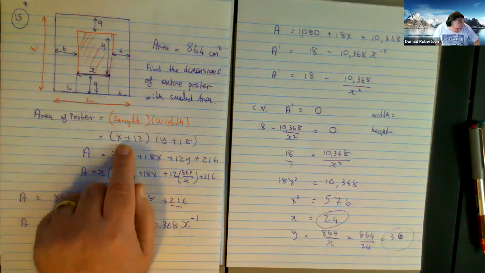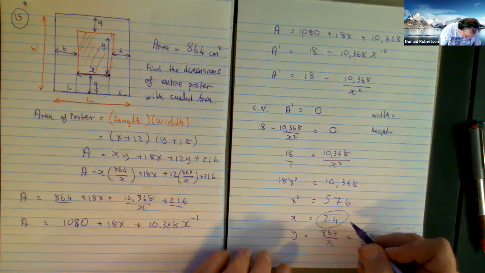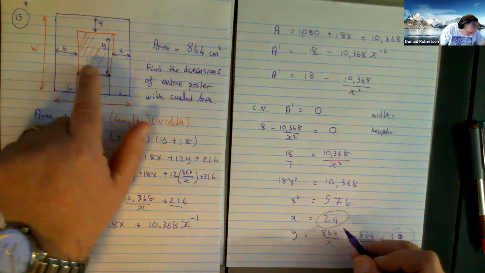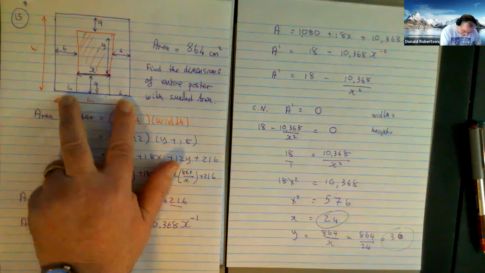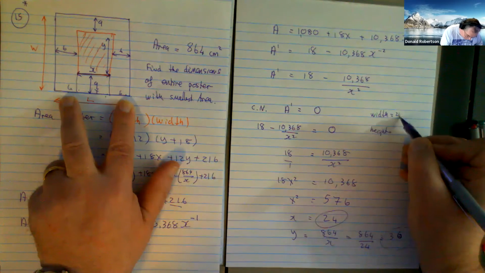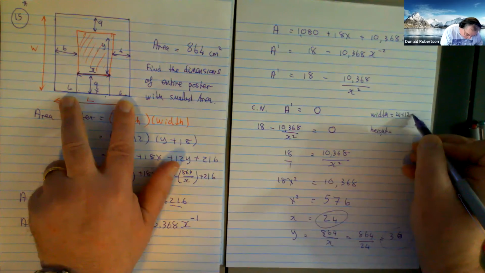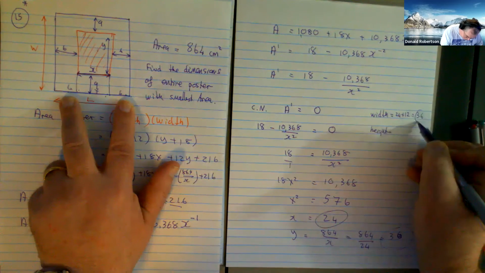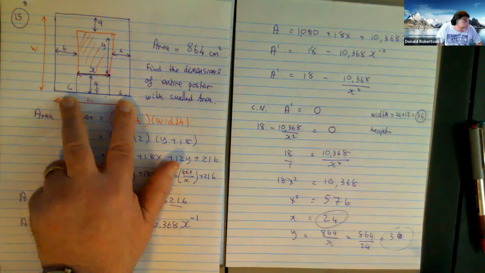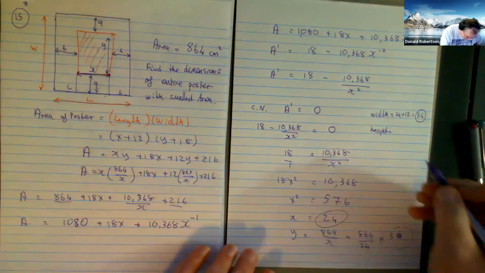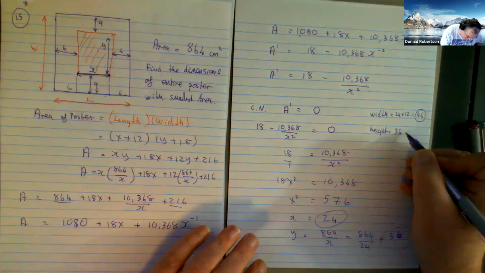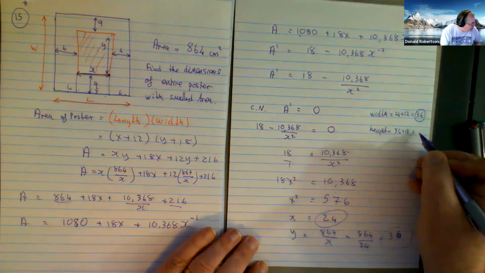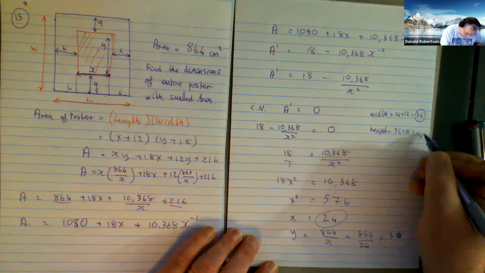They want the poster, right? So if that's 24 from there to there, don't you add another 12 to either side? And that now becomes 24 plus the two pieces at the side. So 36 is the width. And the height is 36 plus two more nines, which is 18. And that gets you 54.